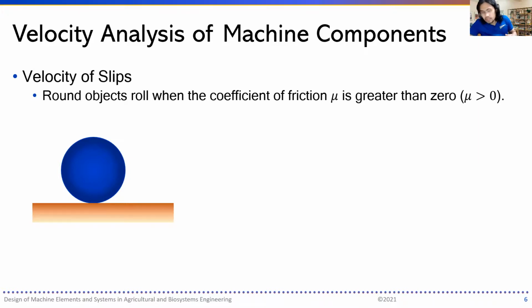To proceed with the discussion, you have a round object. It could be a wheel. The wheel is going to rotate that way, for example with a rotation of w.